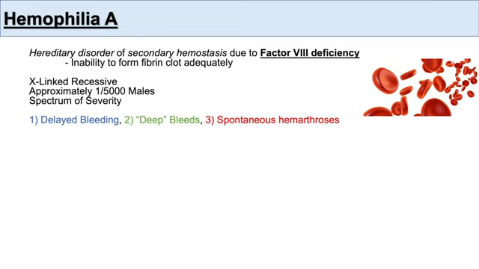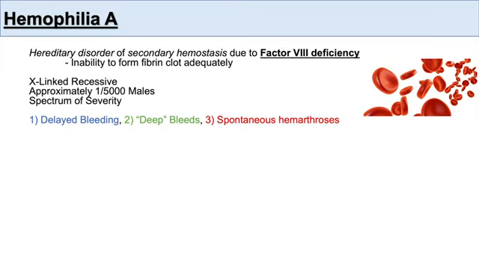And with disorders of secondary hemostasis, like hemophilia A and hemophilia B, the presentation often involves delayed bleeding. So if there's a cut or there is a surgery with an incision, there is not a quick bleed, but there's often a delayed process of bleeding.